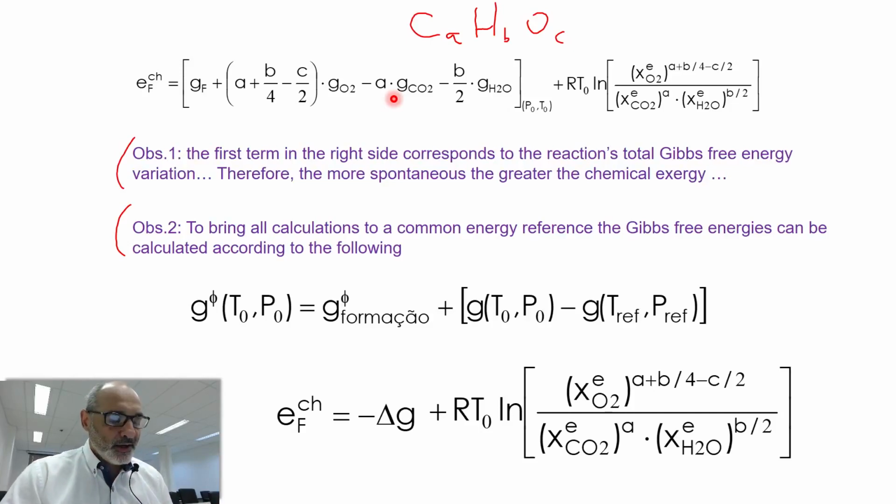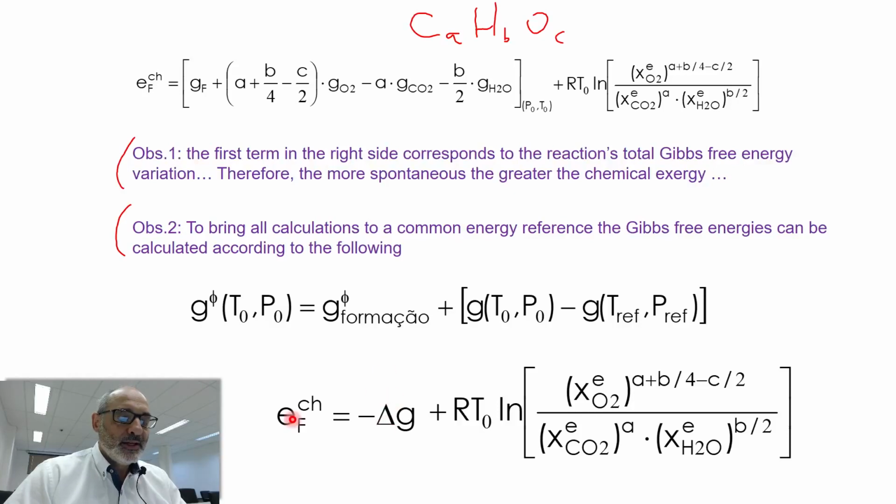So it's practical advice that, to bring all calculations to a common energy reference, the Gibbs free energy, and also enthalpies and entropies, can be calculated according to the following formula. And when we consider all this, we have this final formula for Gibbs free energy.